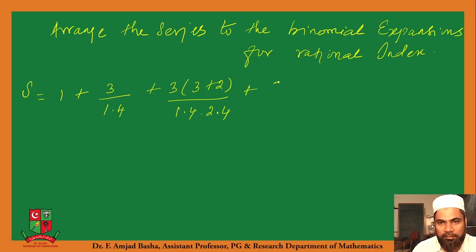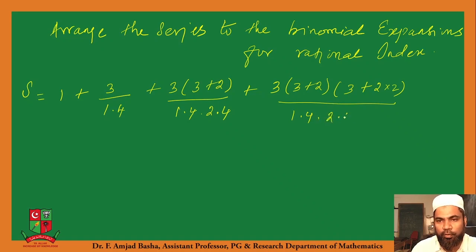Similarly, the other term can also be written in the same manner. That is 3 into 3 plus 2 into 3 plus 2 into 2 divided by 1 into 4, then 2 into 4, 3 into 4, so on. So the series goes on like this.